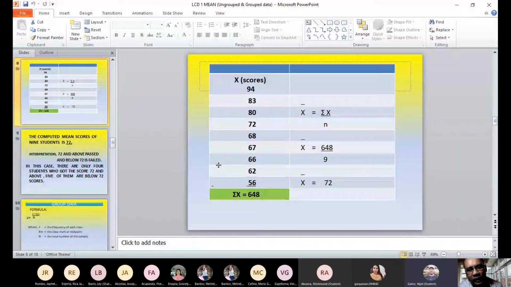Now, if we link this in our research, in your thesis, for example, one of the problems is profiling. Meaning to say, in the profile of the respondents for the variable age, to determine between the younger and older age of your respondents.